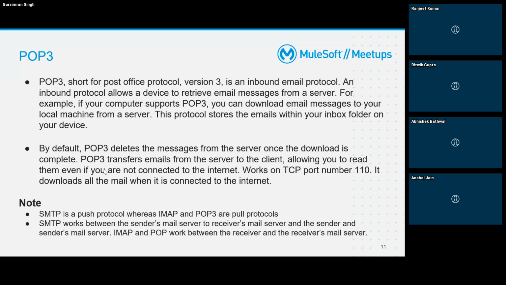Unless the whole email is downloaded, we will not be able to read that email. But IMAP is non-blocking. In case of IMAP, it can read partially before downloading the email. It will not stop the process. It will keep on downloading in the meantime, but it will not stop the execution of the flow.